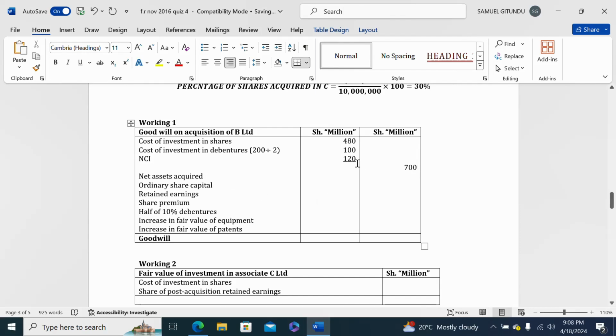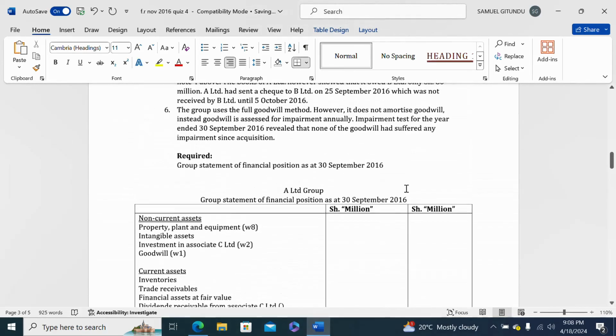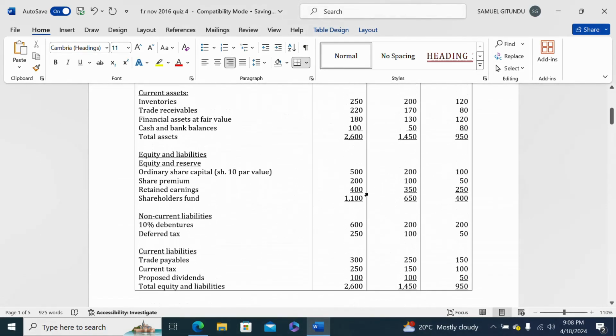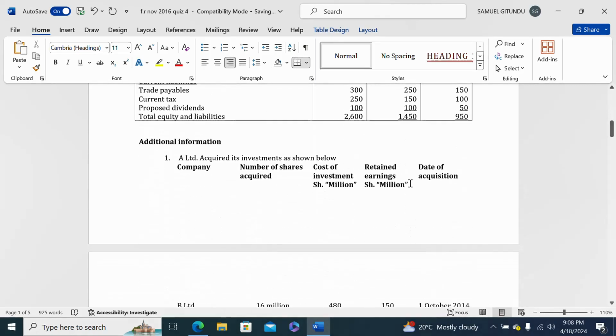Now we go to the net assets acquired. We start with the ordinary shares. We take the total number of ordinary shares, because we are using the full goodwill method. So we take 200.